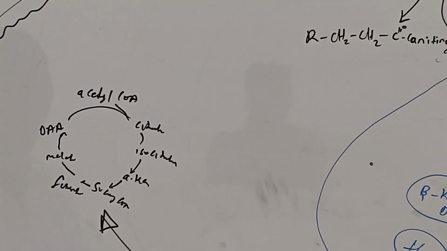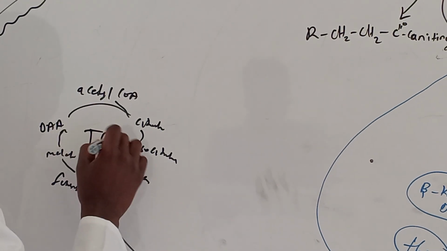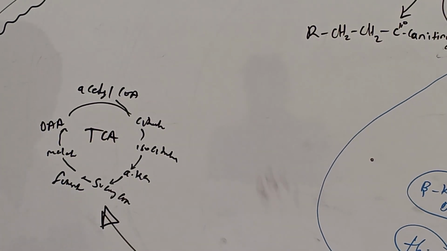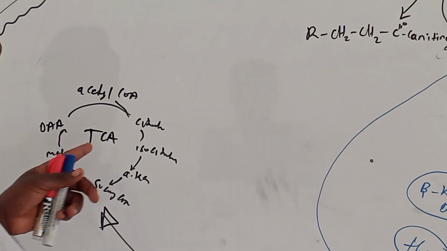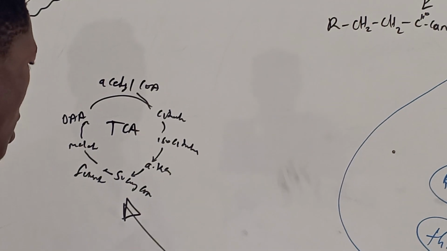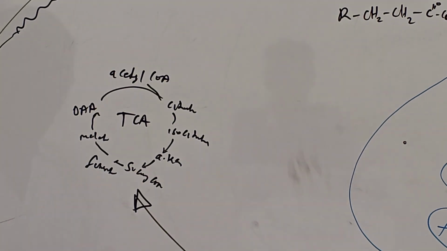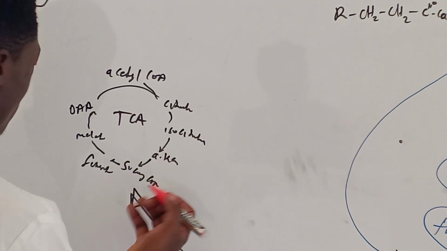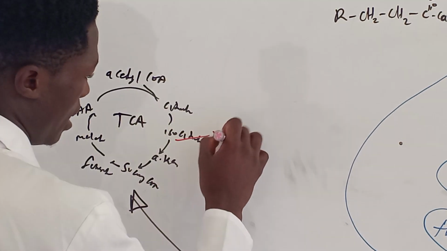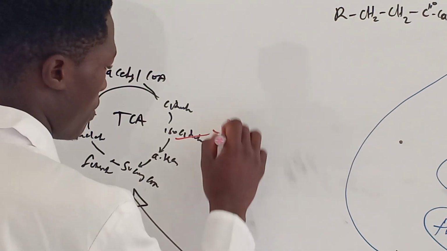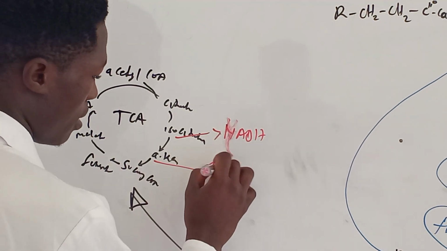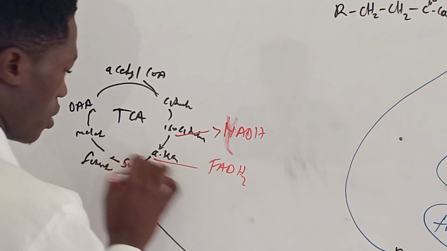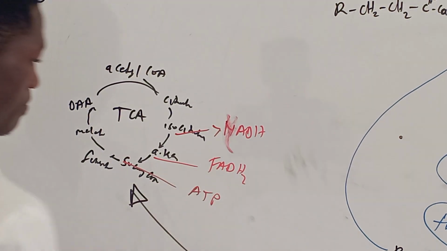Now, what is this circle here? This is called the TCA cycle, or the Krebs cycle. That is where acetyl CoA gets into the tricarboxylic acid cycle. Now, guys, what are you going to form from this cycle? You are going to form NADHs, FADH2, and also ATPs.